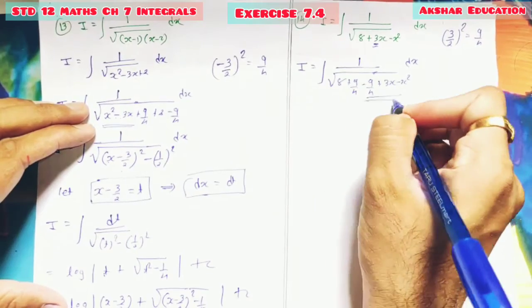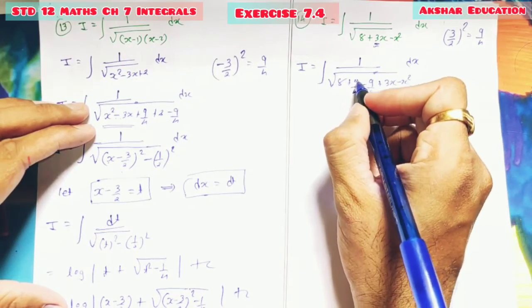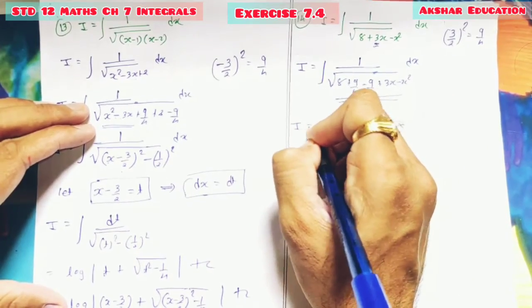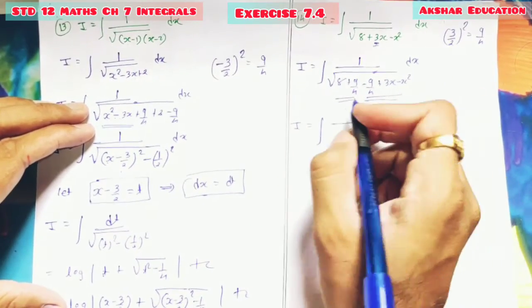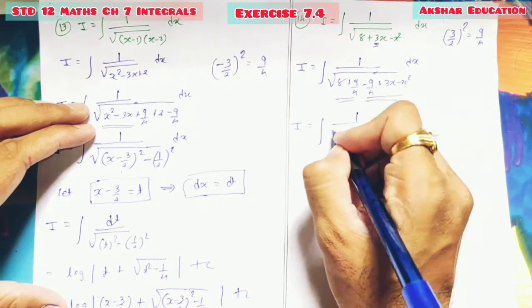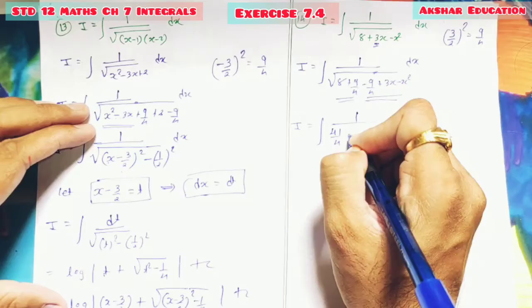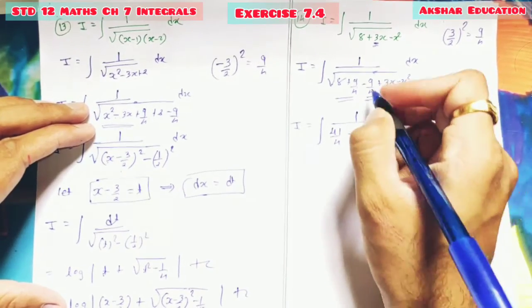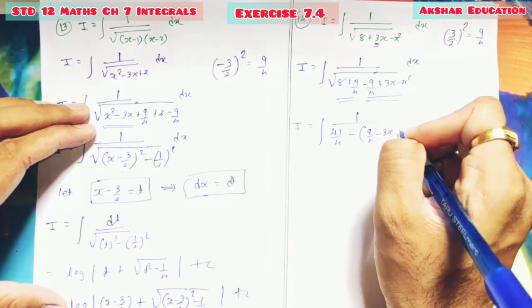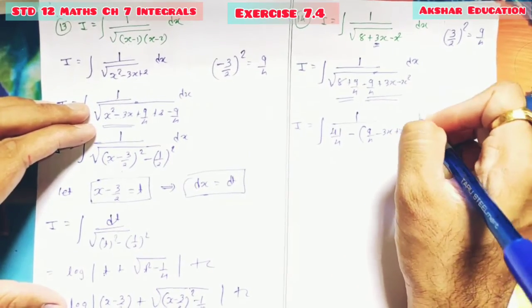Now from these last three terms taking minus sign common, and here writing these two terms combinedly. So integration I is 1 upon 8 into 4 is 32 plus 9 is 41, 41 by 4, and taking minus sign common, this will be 9 by 4 minus 3x plus x square dx.